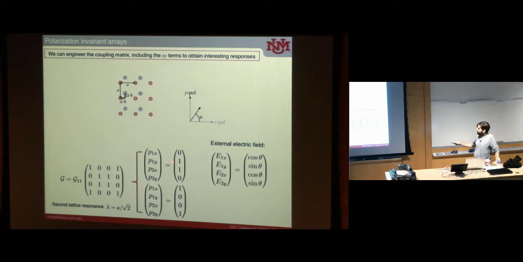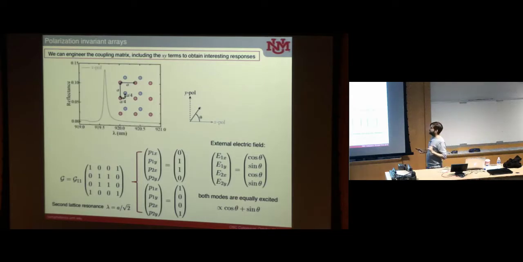And if you see, when you multiply this vector by this or this vector by that, you realize that you are exciting the 2 modes that are degenerate with exactly the same amplitude, which is given by the sum of the cosine and the sine. So that tells you that you are exciting the 2 modes exactly with the same amplitude regardless of the angle. So you have a system for which you are going to excite a dipole that is going to be locked. And it's going to be independent of your polarization.